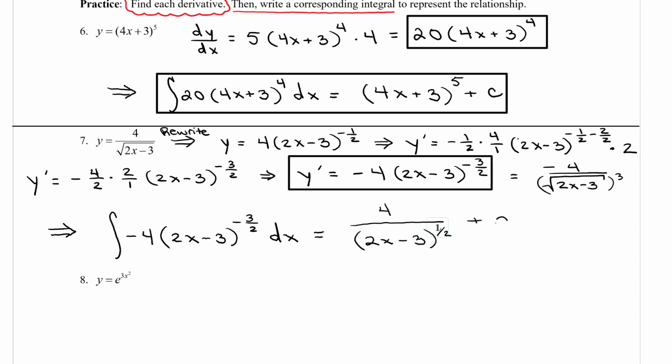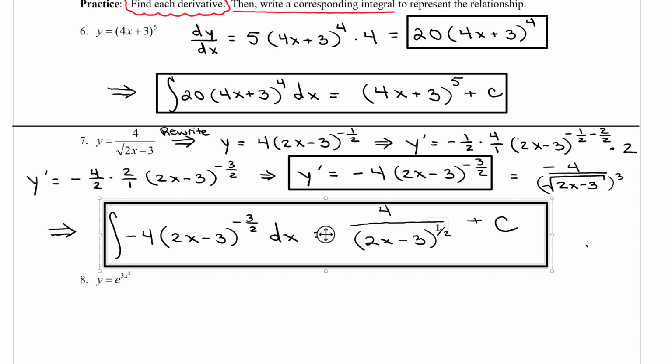And then out to the side of this fraction, we will have plus c. So I'm going to box in that entire thing all the way from the very start of that integral to the very end of that plus c, because that is the corresponding integral that represents the relationship between the derivative and the antiderivative.